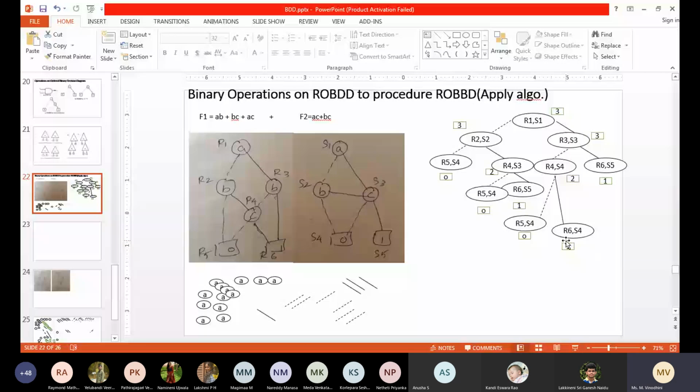Now, using the reduce algorithm, we need to draw the final ROBDD for F1 plus F2. Here if you see, this node is 201. This one also is 201. Can we have this only once? This is 2, 0, 1.